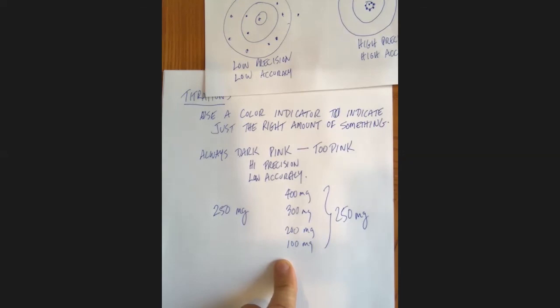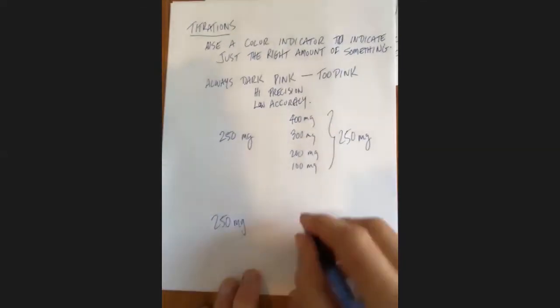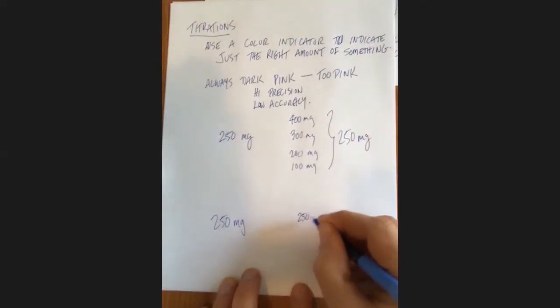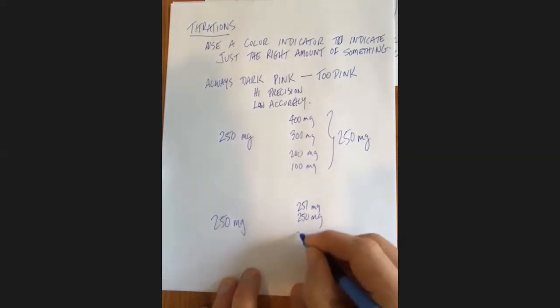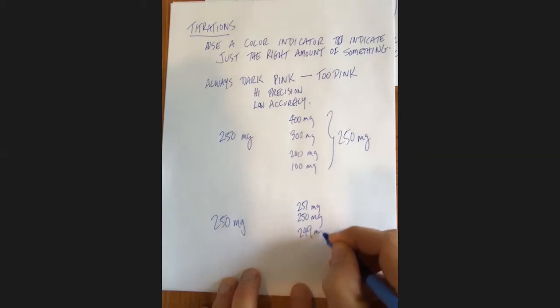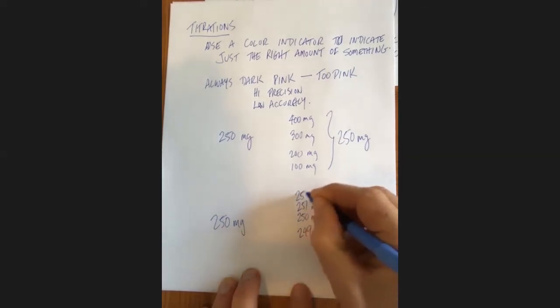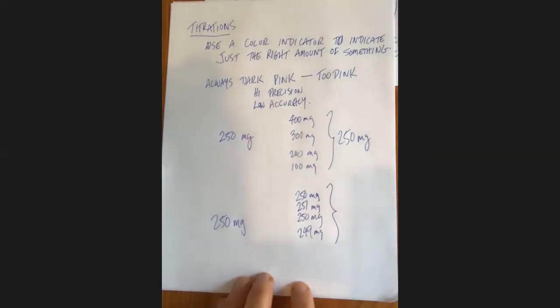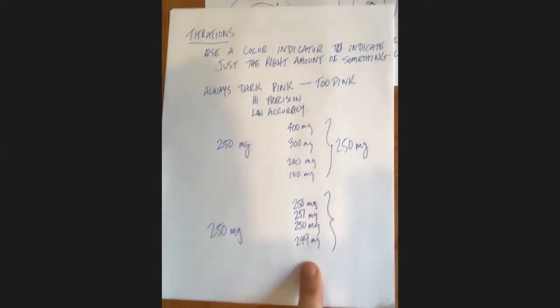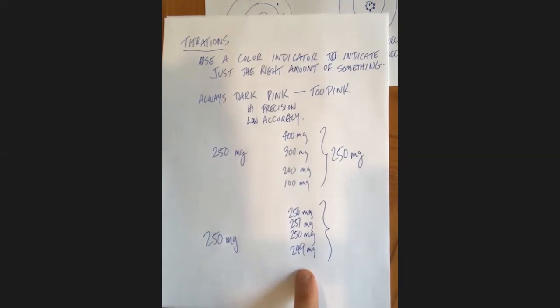Now, if you were aiming for 250 milligrams, and I doubt there's any pharmaceutical company in the world that is as lax as this, but you did 250 milligrams, 251, 249, and 250 in your 4 pills, that would be a lot more acceptable, wouldn't it?